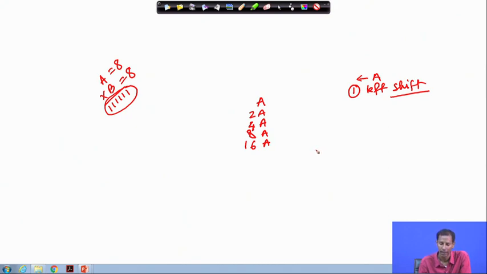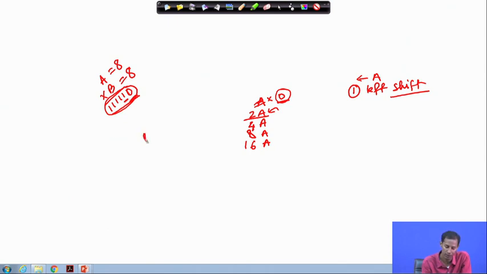If any of these bits is 0, then it will not consider A, it will choose 0. So, for this particular case, initially it will not be A, it will be 0, and in the next step, if the bit is 1, I have to get 2A, and that will come to the adder.